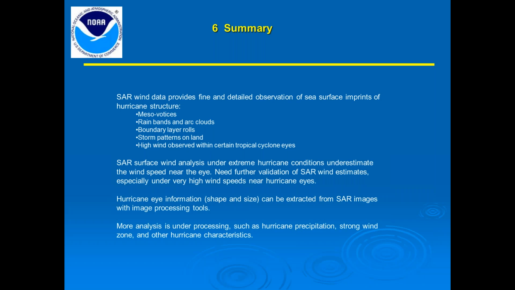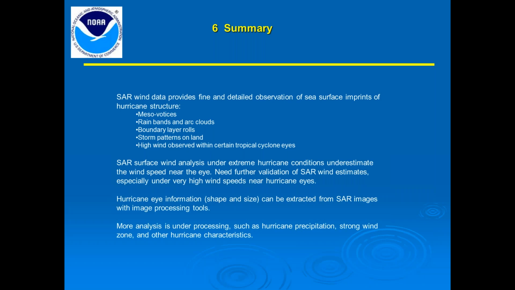So the validation results against the SFMR measurements show the bias and the standard deviation are reasonable, within a 2 meters per second error margin. I think if you can get to that magnitude, that's pretty good.